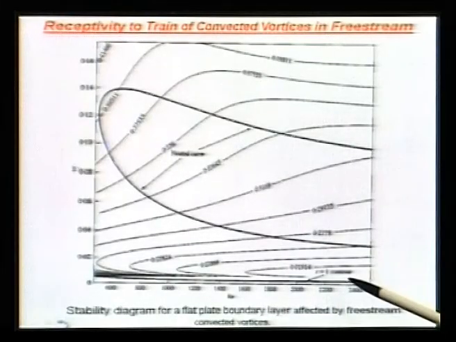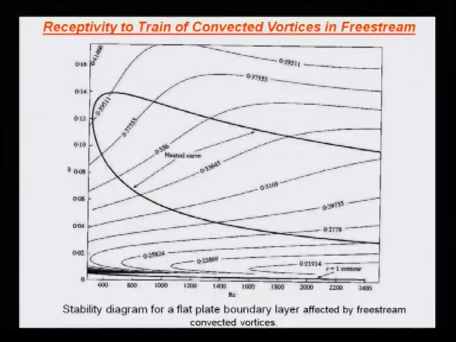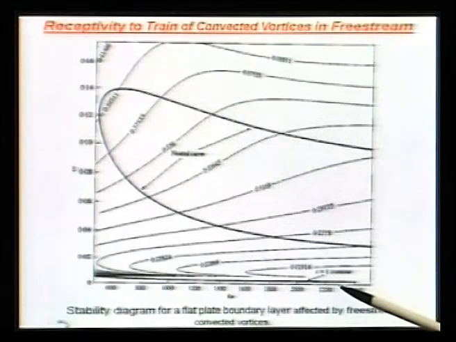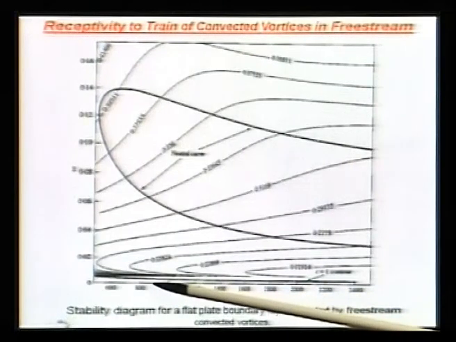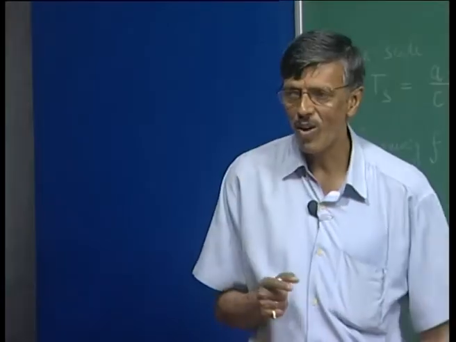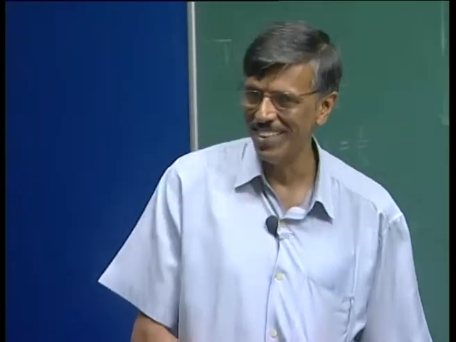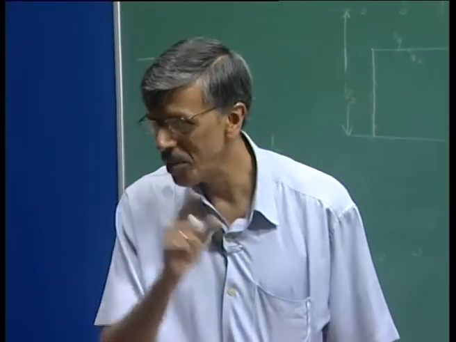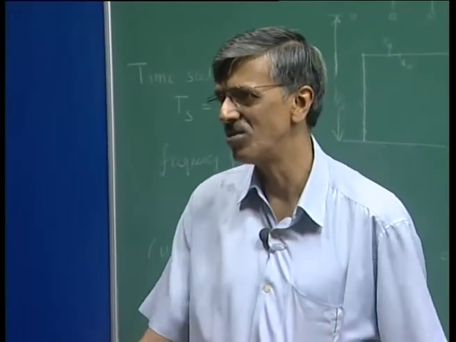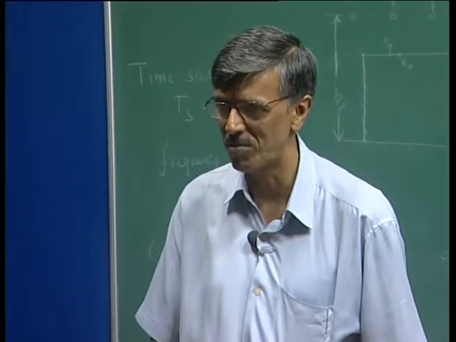For example, C equal to 1, that means when C is going at the free stream speed, that would correspond to C equal to 1 line. That is right there. And that remains always outside. So that's what people have talked about, that there is no receptivity to pure convection problem.